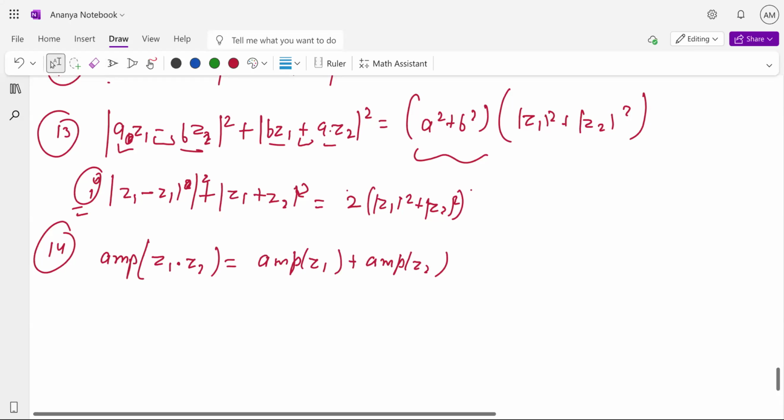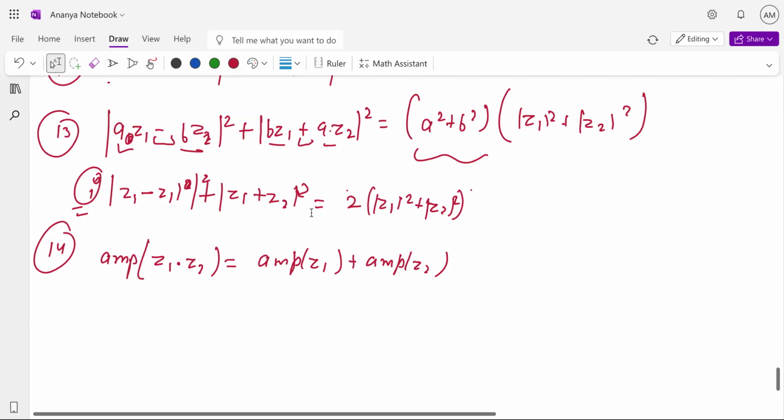Can you explain the 14th one? 14th one, 14th what? So, like, can you explain what exactly amplitude is? Okay, no, actually this is argument. Sometimes we write it as arg. Okay, both are the same thing actually.